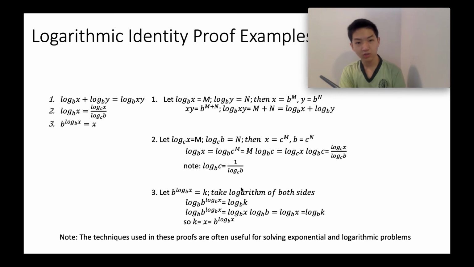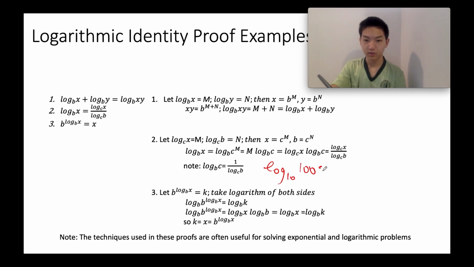So just a quick note that log base b of c is equal to 1 divided by log base c of b. I won't get into why that is, but if you just want to make sure, this is nowhere near concrete proof, but just as an example, let's say log base 10 of 100, that's equal to 2.